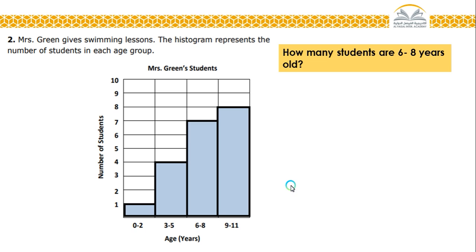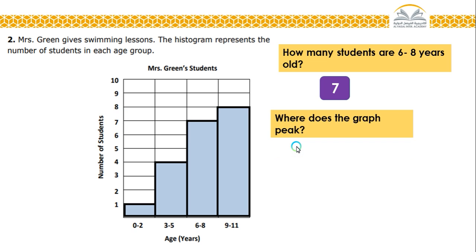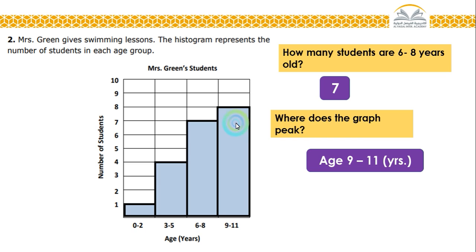So how many students are 6 to 8 years old? Now let's look at our 6 to 8 years old. How many is 7? Very good. Where does the graph peak? It is between age 9 to 11.